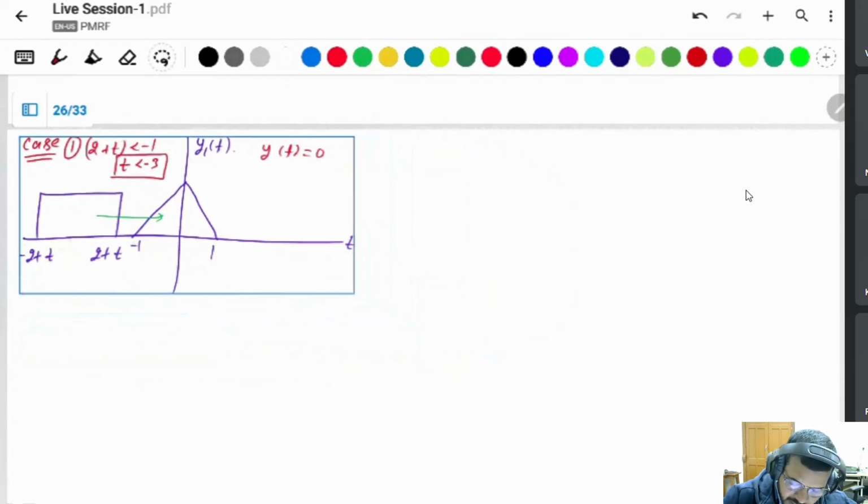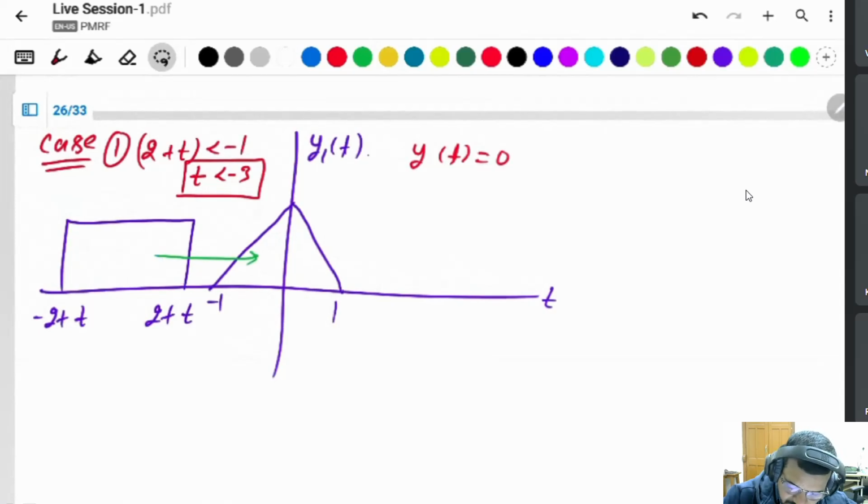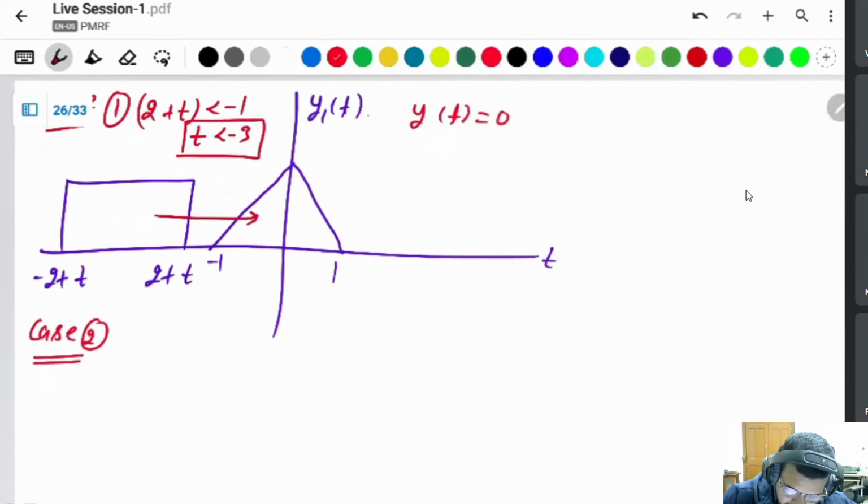Then same thing, if we want to take a second case, you can take it case by case, moving from this one towards this one. What will be the second case? Suppose this will jump here, but not passing this one. It will pass only minus 1, not passing 1. Then what is the condition?